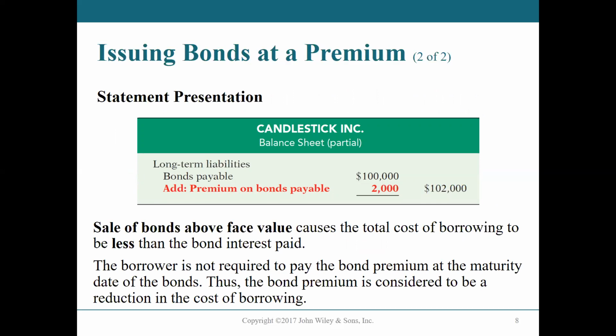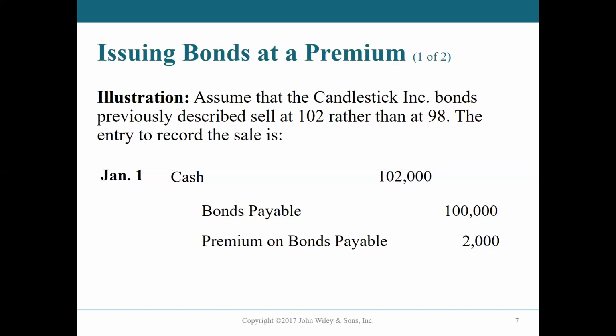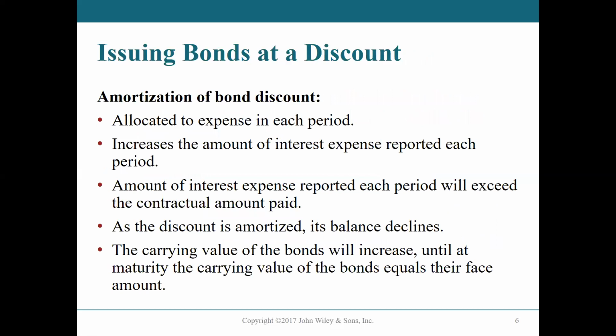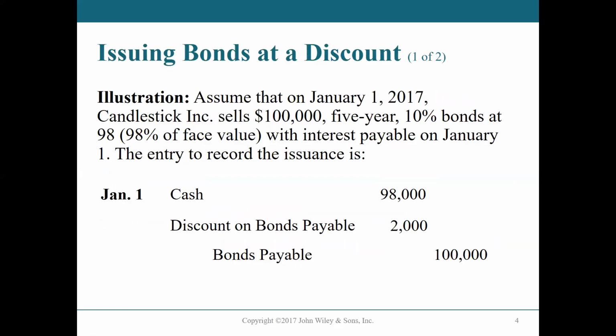So you said with a premium we owe less and with a discount we owe more? Well, with either, we owe $100,000 because we're issuing $100,000 worth of bonds. If we issue them for $98,000, we still owe $100,000, but we only got $98,000.